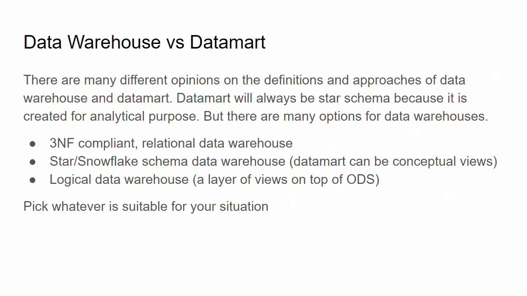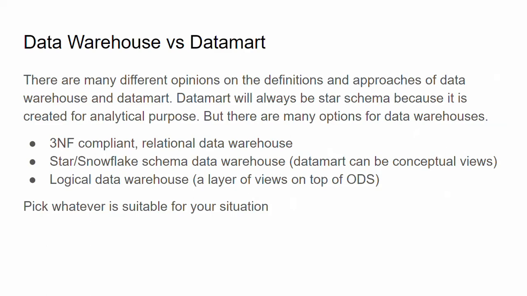A common way that is also supported by some more practical data modelers is what we call logical data warehouse. What is happening is they are not building a new data warehouse, but because you already have ODS, their suggestion is you just create a series of third normal form layer of views, or maybe star or snowflake schema of views on top of ODS.